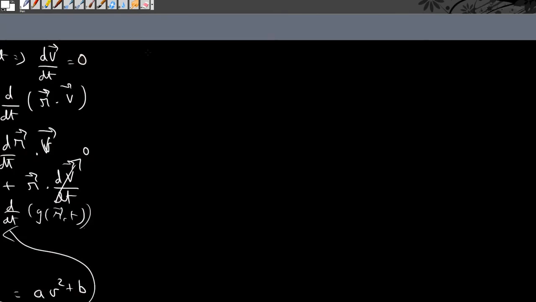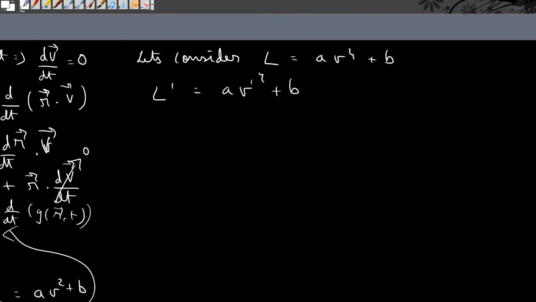So now let's consider L as a function of V power 4, let's say. Then L dash with respect to reference K dash is going to be A V dash power 4 plus B, which is A into V plus v to the power 4 plus B. So this is a dot product.